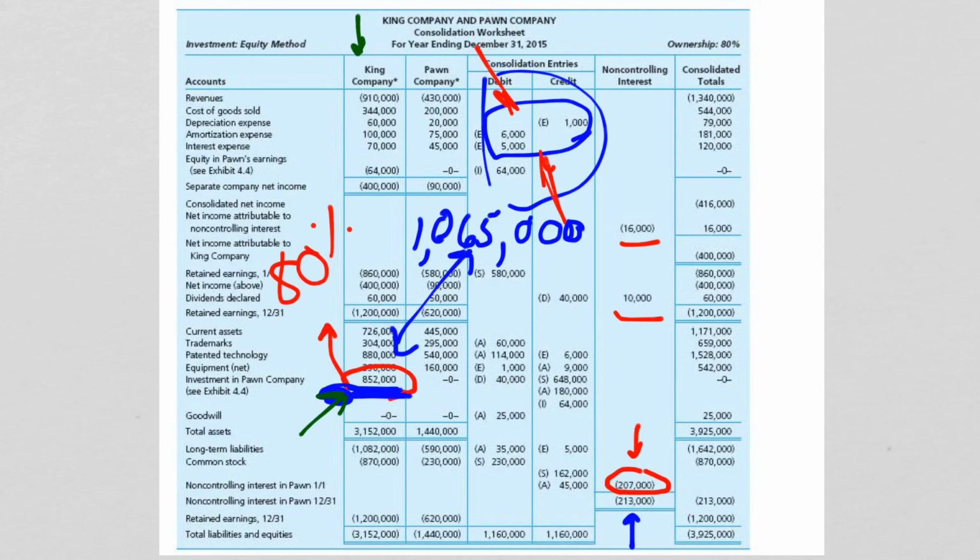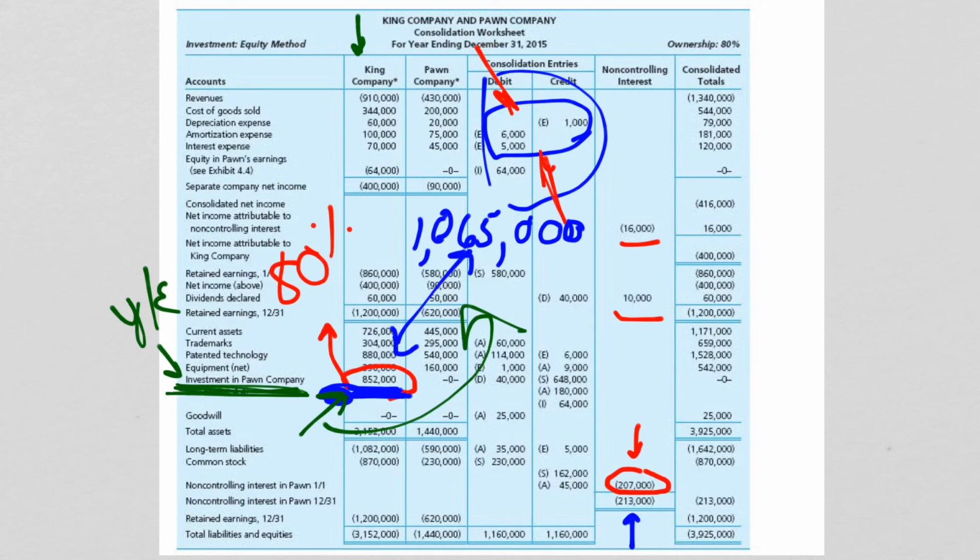So since this is after adjustments for equity method, it means that the difference between 852 and the 1,065,000 is the ending non-controlling interest, just like this is the ending investment account for King Company on its books. This is year end.